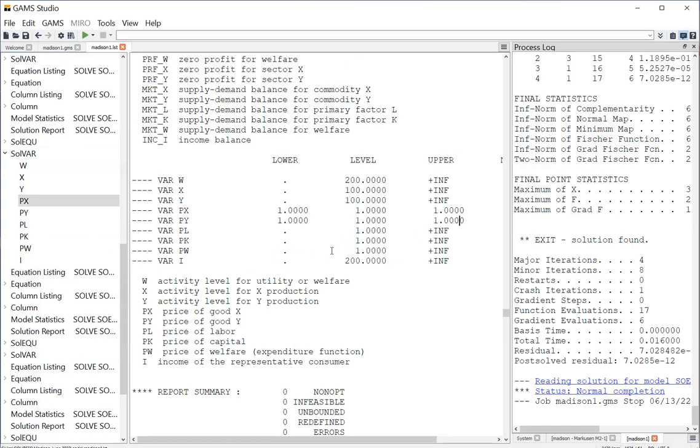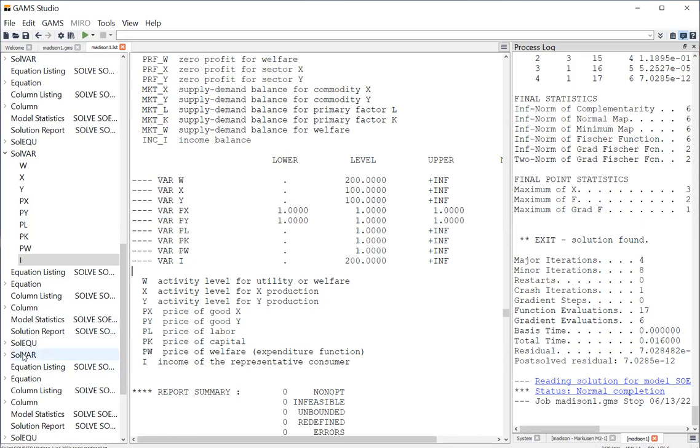Okay. And PW is now an unfixed variable. So running that model with the fixed prices being the initial solution values, nothing happens. You open up the world to trade. World prices are the same as your domestic prices. You could trade, but there's no beneficial trade. The rest of the world is just a carbon copy of your own country.